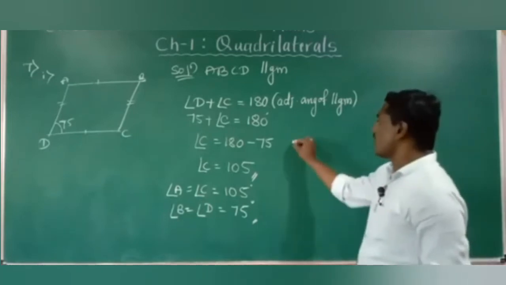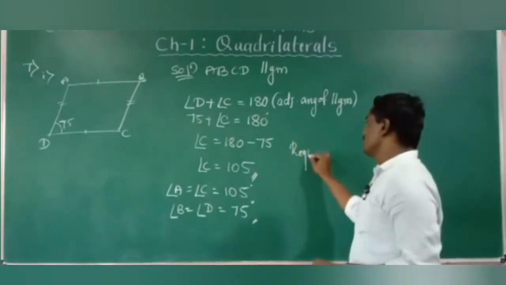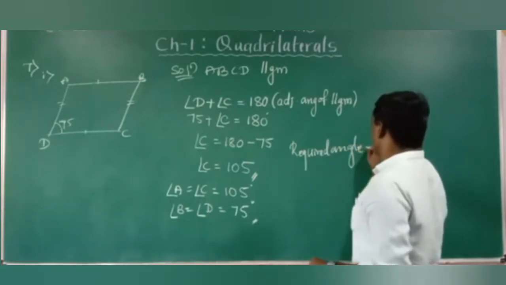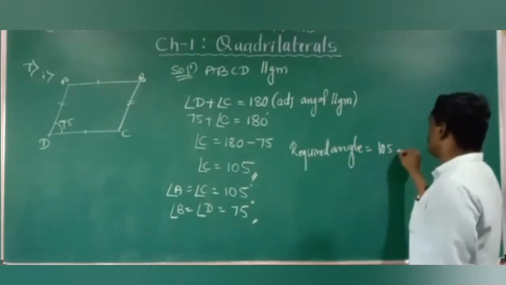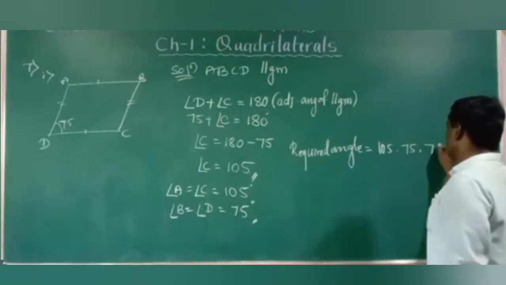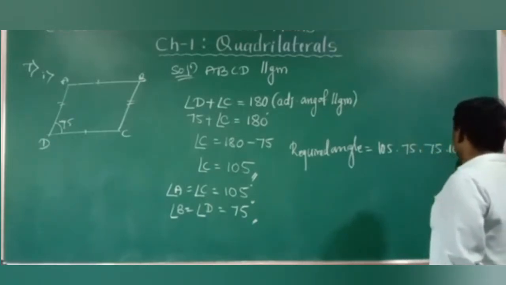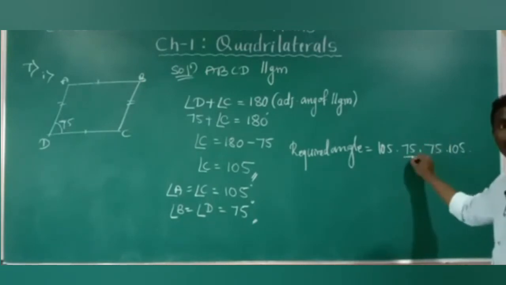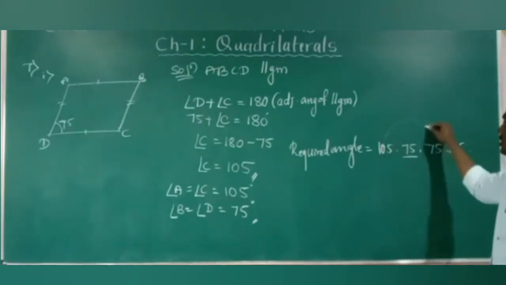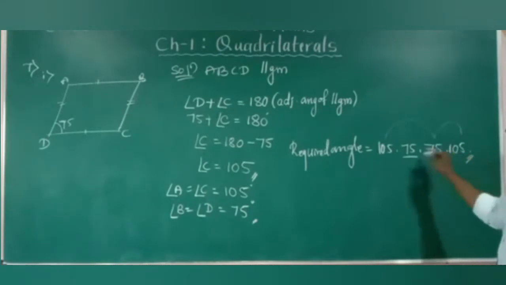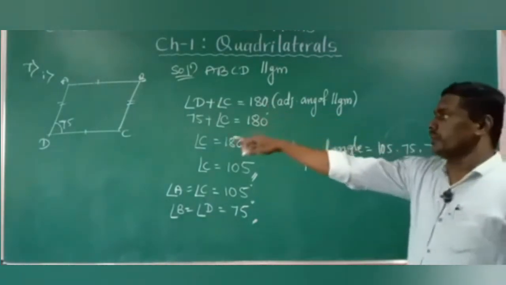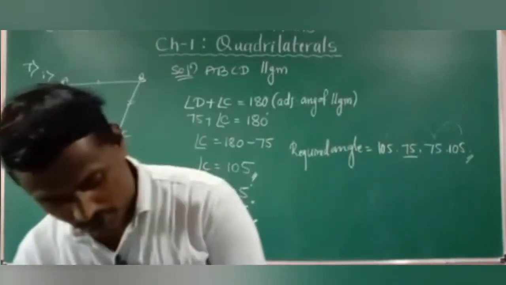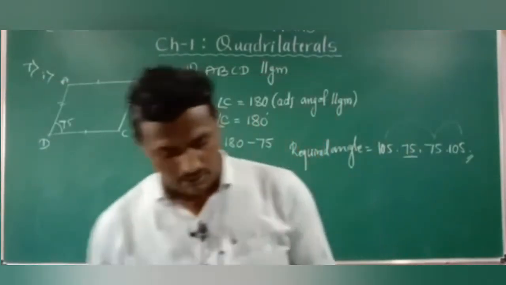So the required angles are 105 degree, 75 degree, 75 degree and 105 degree. They already gave one angle, and by using this we calculated the three remaining angles of the parallelogram ABCD. Okay, so this is the first main question in the 7th one, right?